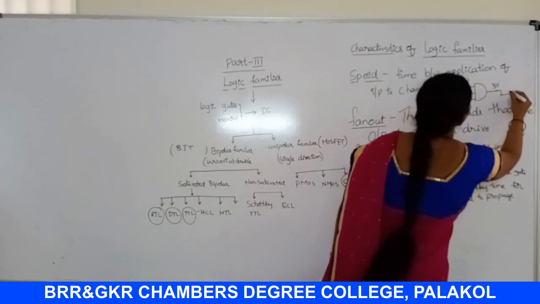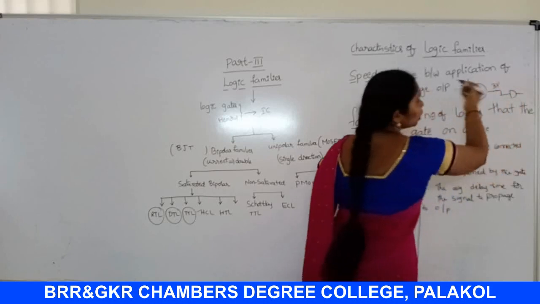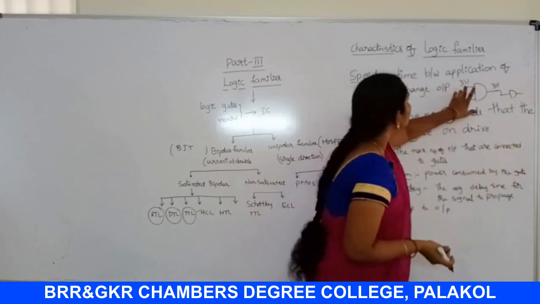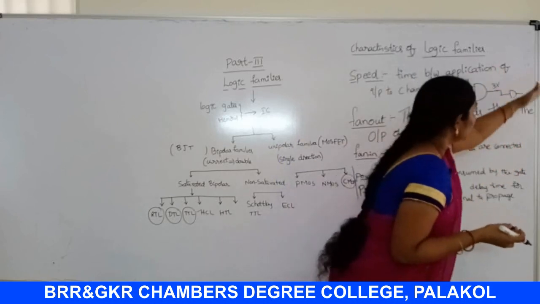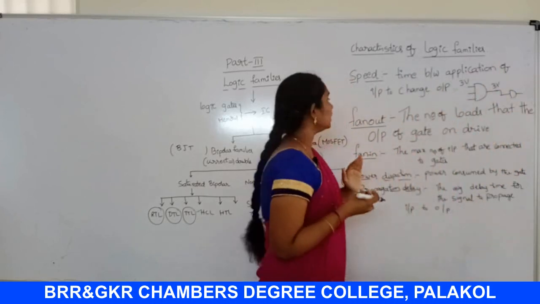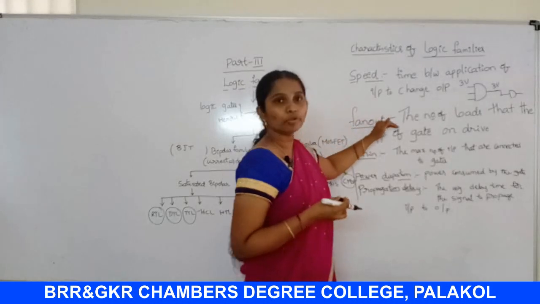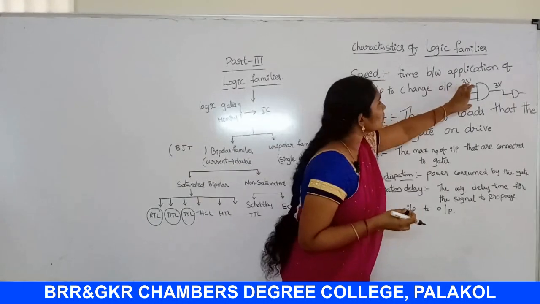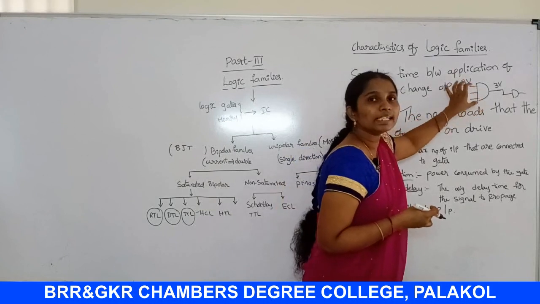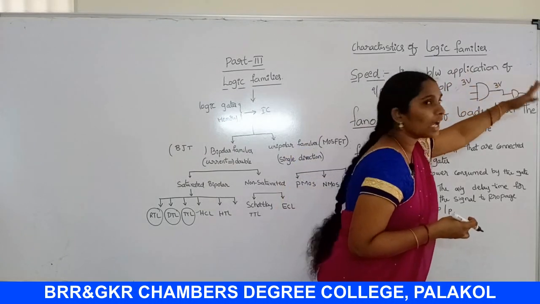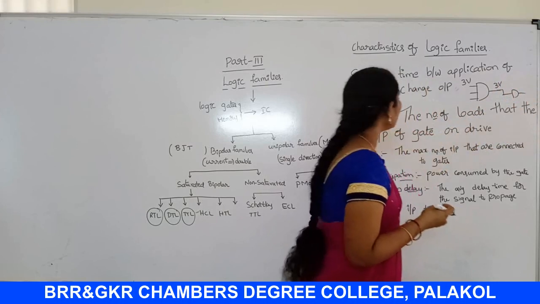For example, some gates are connected to this gate. That means this 3 volts can be used to drive the remaining gates also. That is nothing but fan out. Depending upon whatever voltage is applied to the first gate, that voltage is required to operate all other gates. That is the fan out.